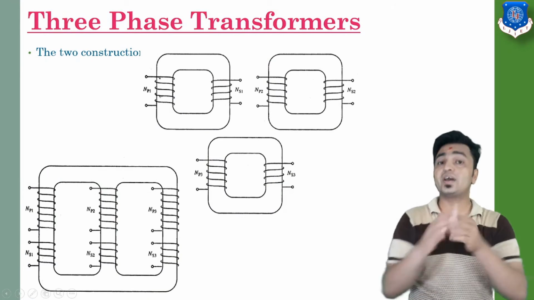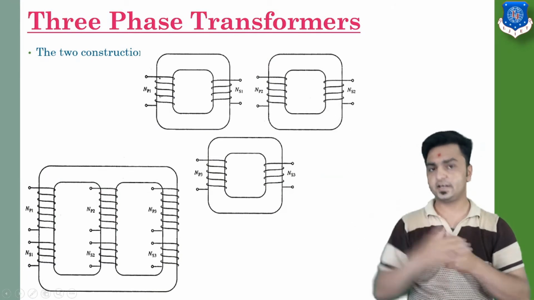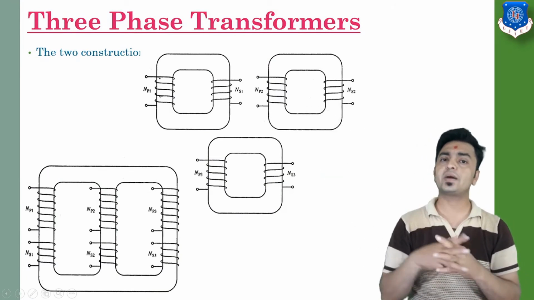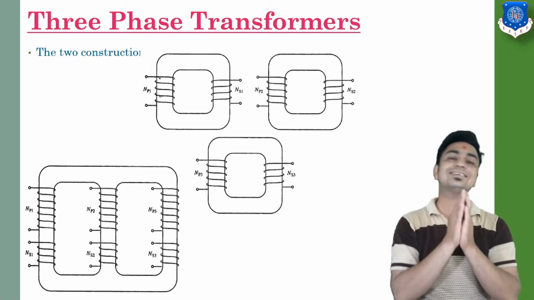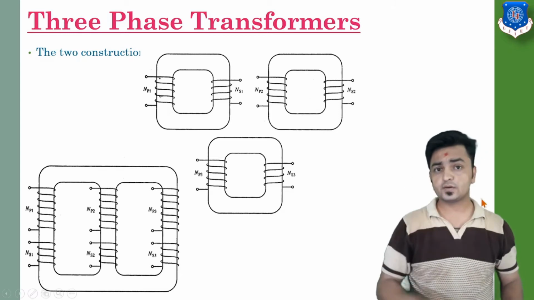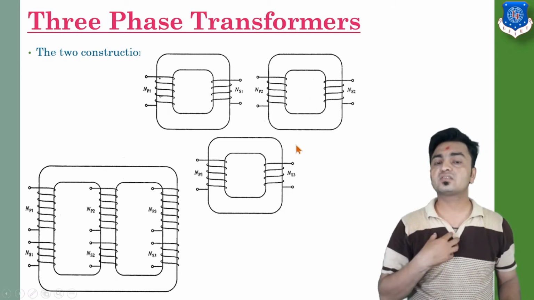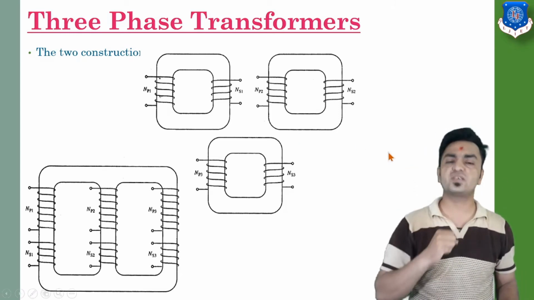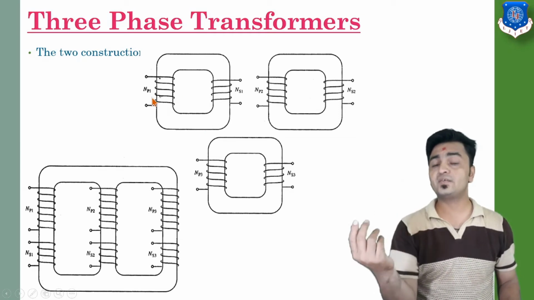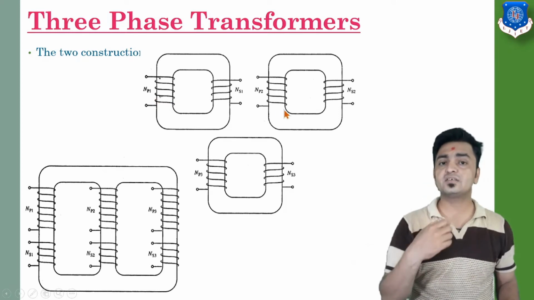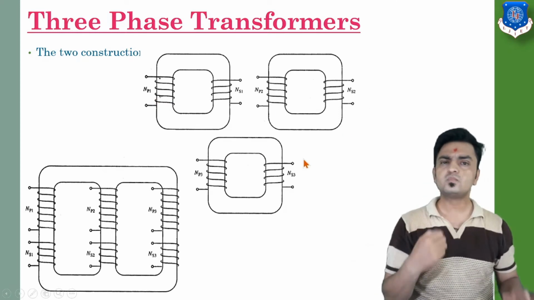And as we had discussed in our previous slide, we can form a three phase transformer in two ways. The first one was by combining three single phase transformers. So here in this upper diagram, we have three individual single phase transformers, and in each one we have a primary winding as well as a secondary winding. The same is given for the other ones.